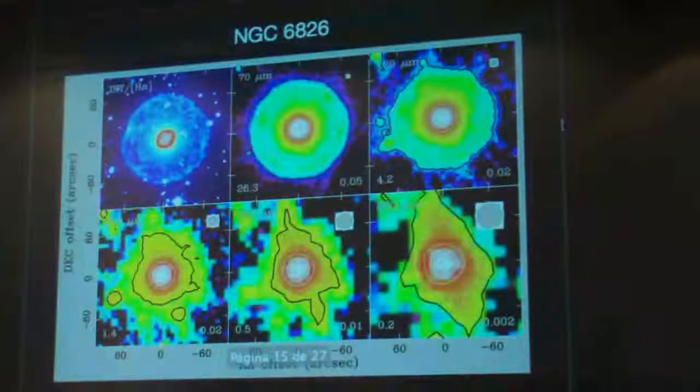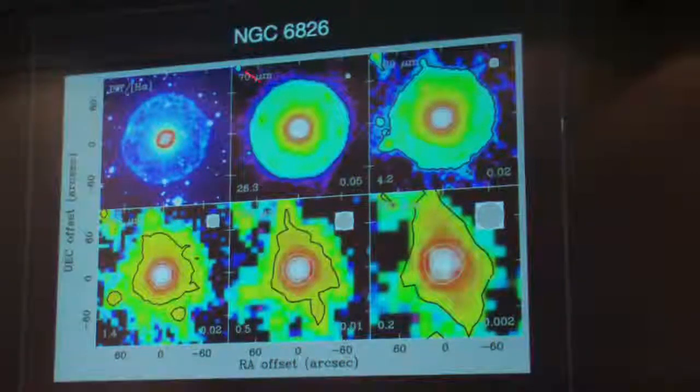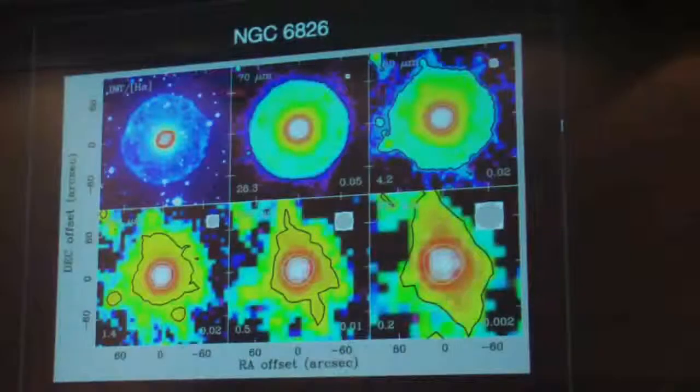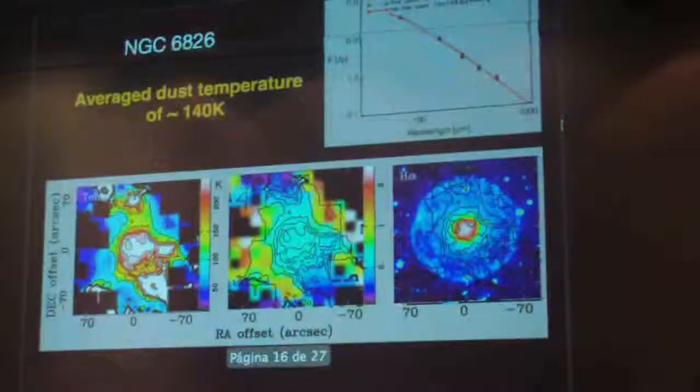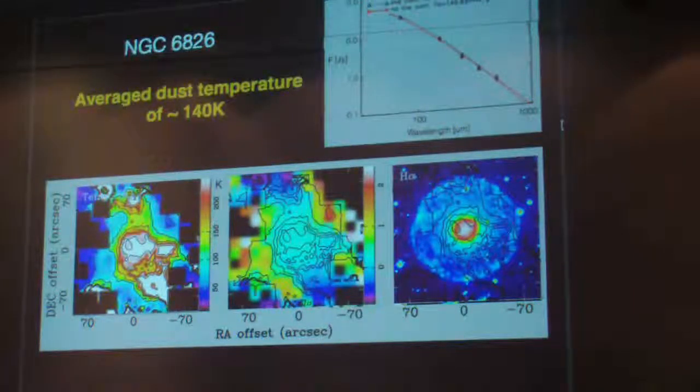My first example is going to be NGC6826. Again, it shows a very nice extended halo in our bands and also in the far infrared, fairly spherical again. When we fit the dust temperature for this, the average dust temperature tells us we have a dust temperature around 140 K. But when we look at the spatially resolved temperature map, here on the left, we see those very white patches.